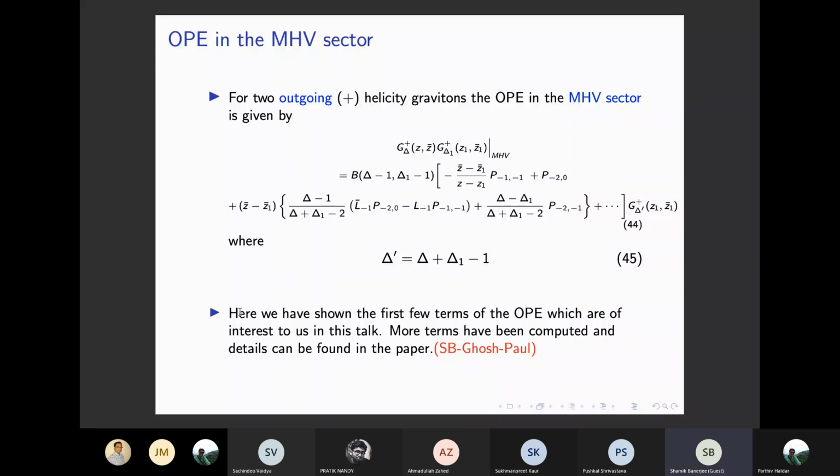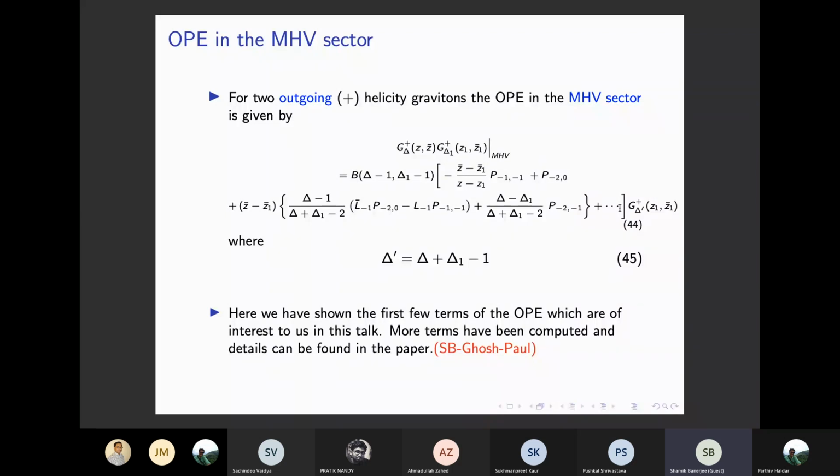Now what we have shown is just the first few terms, but we have computed much more than this, and they all factorize, and we get these plus some other terms.